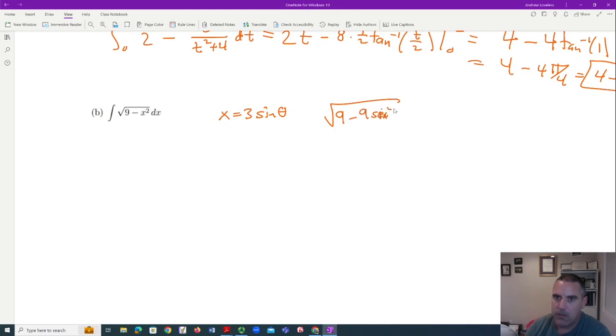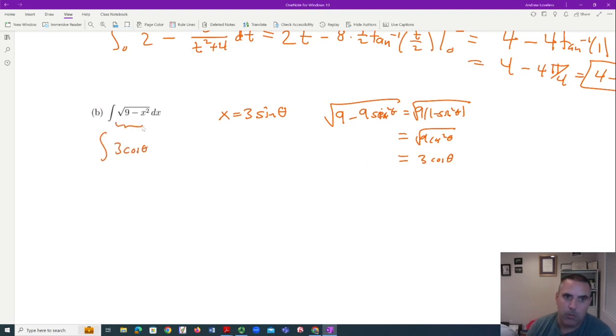So it's 9 square root 1 minus sine squared. And so it's the square root of 9 cosine squared. If you can do that in fewer steps, that's fine, but I'm just doing this to re-explain. So this becomes 3 cosine of theta, but what did we forget? We forgot dx. Dx is 3 cosine of theta d theta.